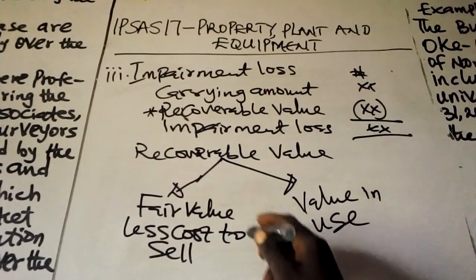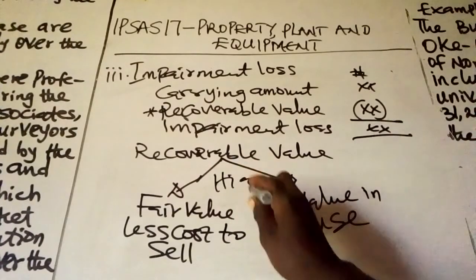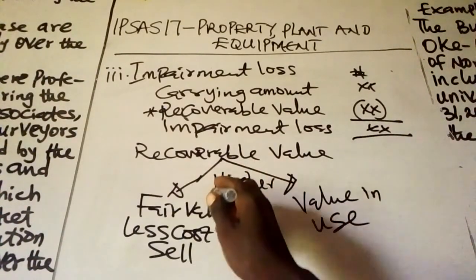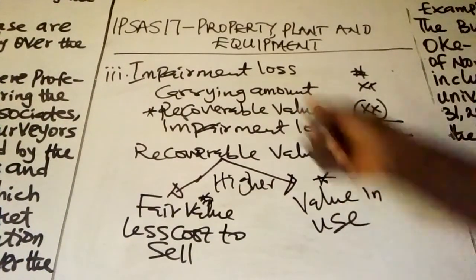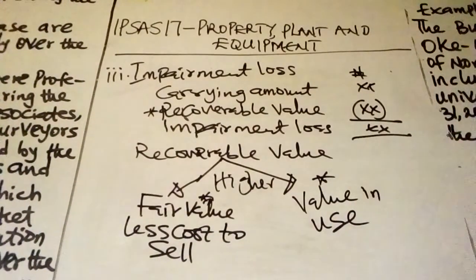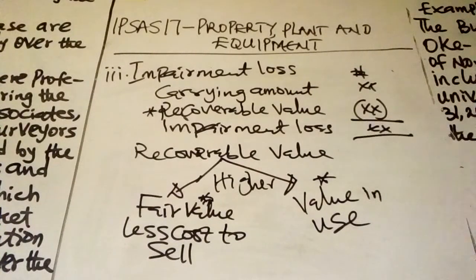The higher of these two items will be considered as the recoverable value of an asset. When we get to the relevant standard, then I will be able to explain that better.